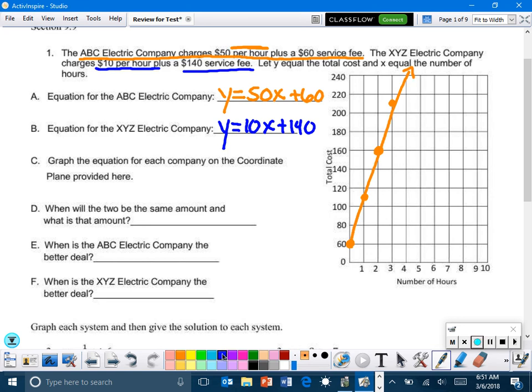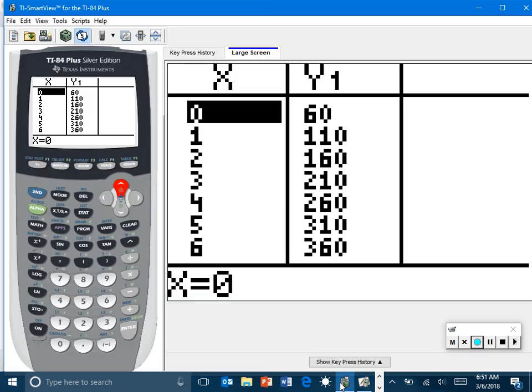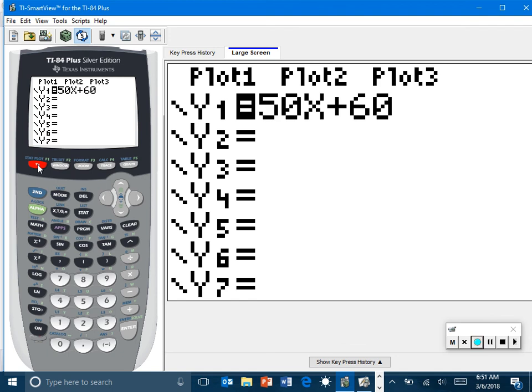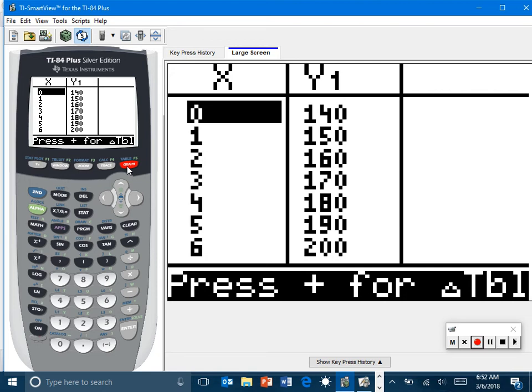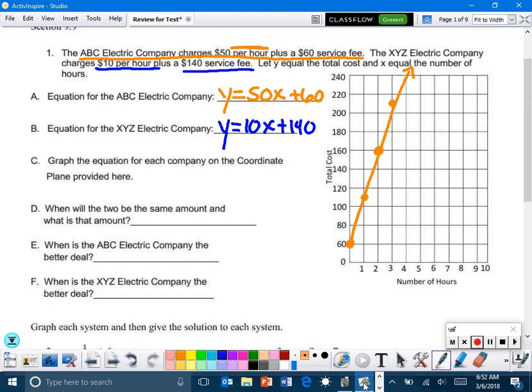Okay, now the next one, same thing. I'm going to go to my Y equals and put the other equation in, 10x plus 140. I'm going to go to the table, and I'm going to plot the dots that fit real nice. All right, here we go. So we've got 0, 140.